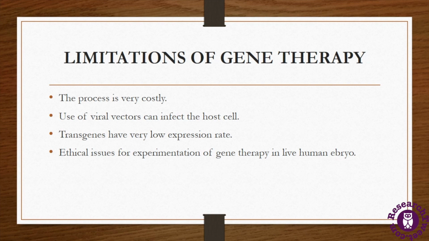And we know that transgenes are a type of non-viral vector, so they have a very low expression rate. That's why the gene expression rate for these transgenes is very low. There are also several ethical issues in experimenting with gene therapy in live human embryos. Basically, gene therapy in the human embryo is done to cure several genetic disorders, but due to several ethical or social issues, it is limited now.